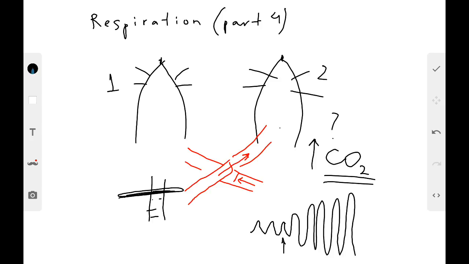Respiration of dog 1 also changed. This is the normal pattern, normal respiration. But when the trachea was clamped, the respiration stopped. Why does it stop? Because the second dog's hyperventilation decreased the carbon dioxide concentration in the body of the second dog.